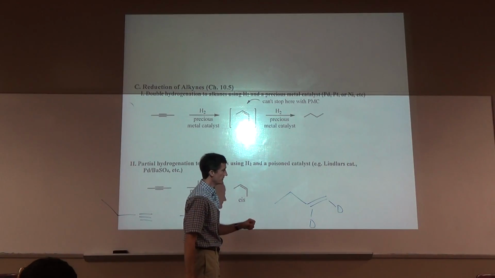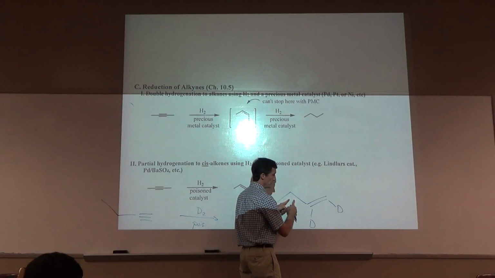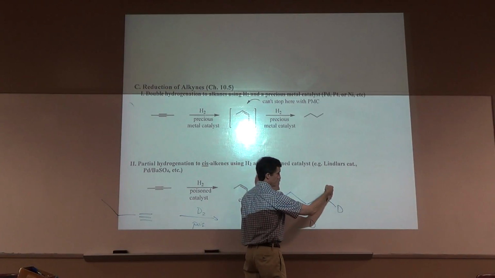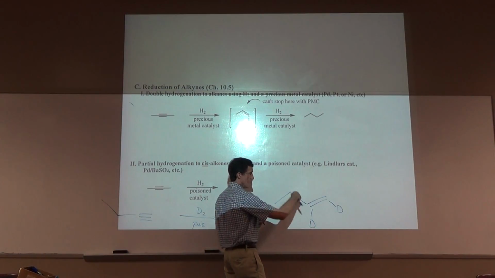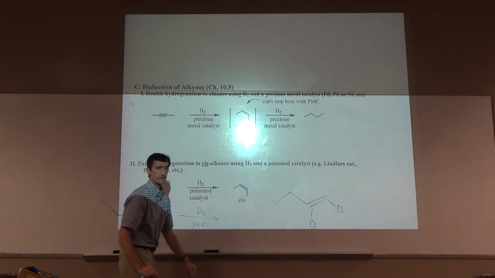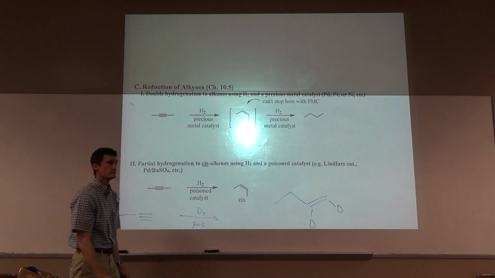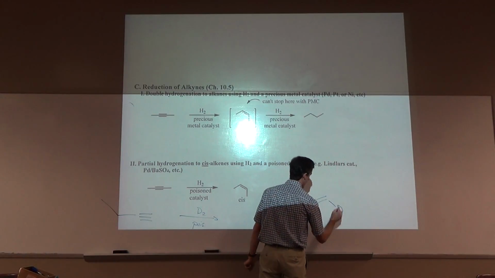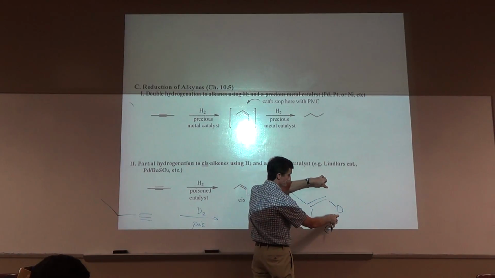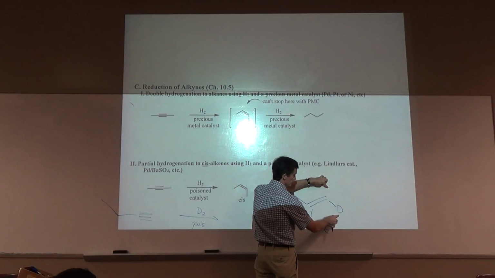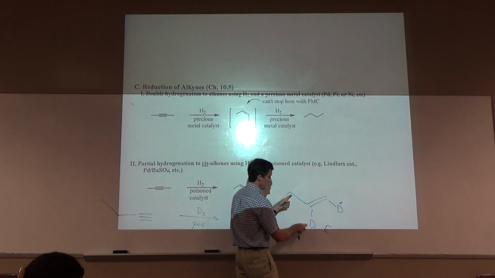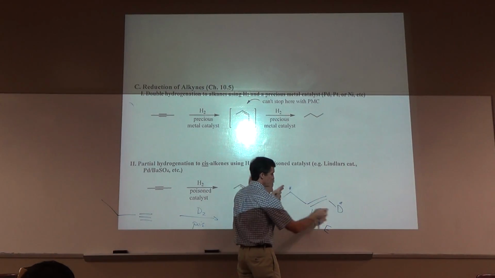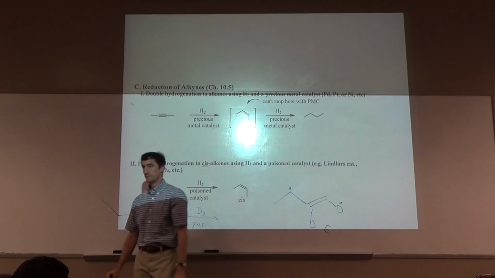Now that does have stereochemistry because the ethyl is trans to the D and cis to the H. So now we have E and Z. Is this E or Z? That's E. Because what's higher priority, H or D? D. Carbon or D? Carbon. E.